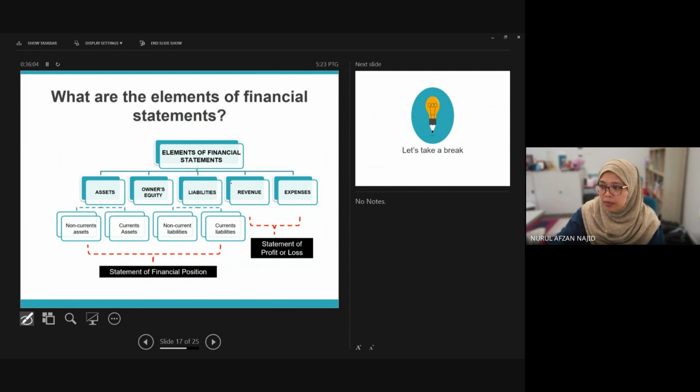Kalau asset, owner's equity dengan liability, dia akan berada dekat dalam statement of financial position. Revenue, expenses, dia akan berada dekat dalam SOPL seperti mana yang Madam dah explain sebelum ni lagi.